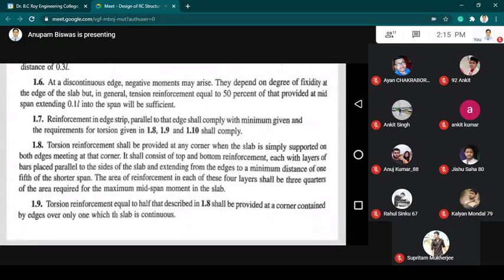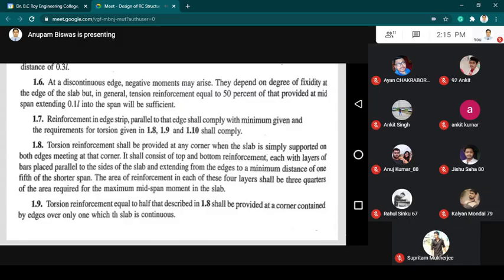This torsional reinforcement shall consist of both top and bottom reinforcement, so both layers should be present. Each layer of bars is placed parallel to the sides of the slab, and it should extend from the edges to a minimum distance of 1/5 of the shorter span.